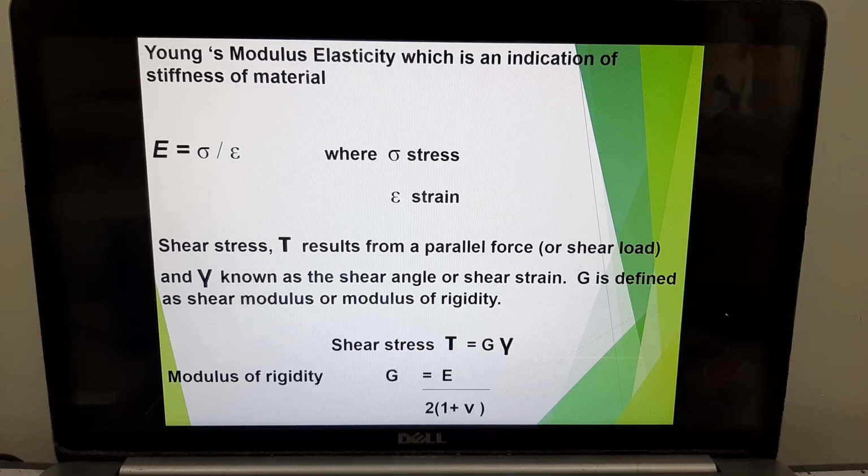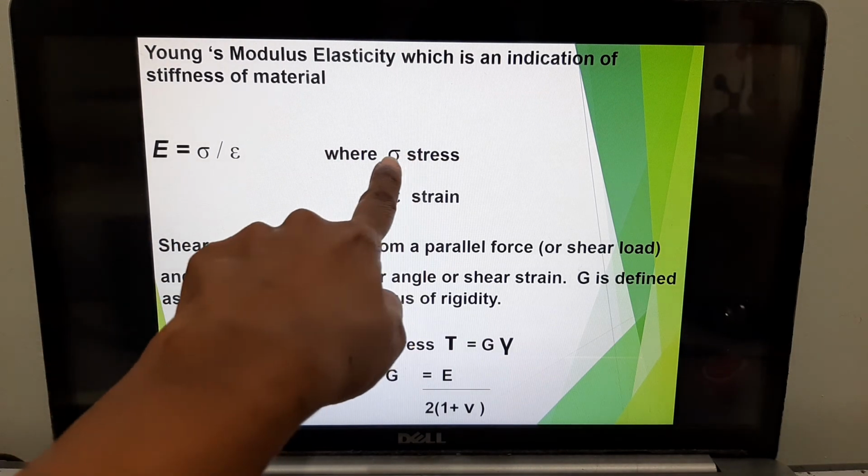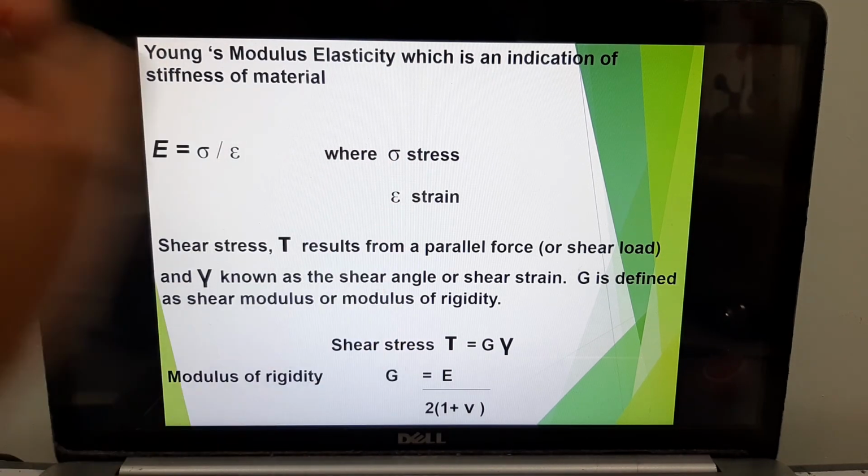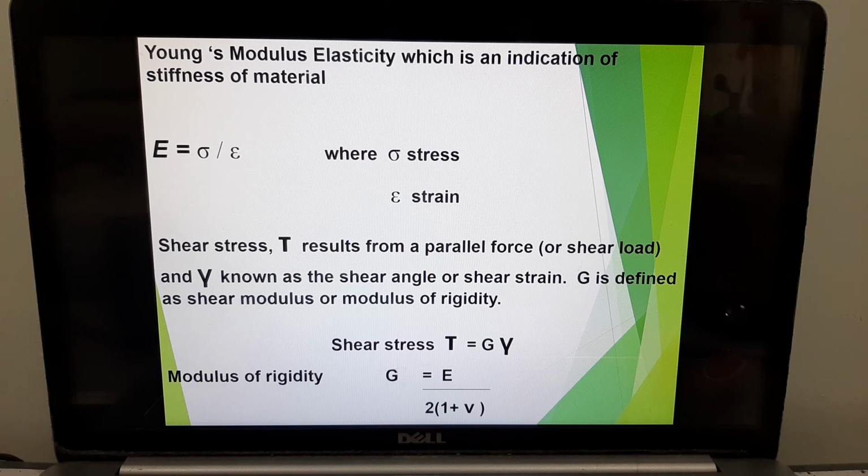You have Young's modulus of elasticity, which is an indication of the stiffness of the material, where E is your modulus of elasticity. This is your sigma. Sigma is your stress, and this is your strain. So that's how you calculate the elasticity of a material.